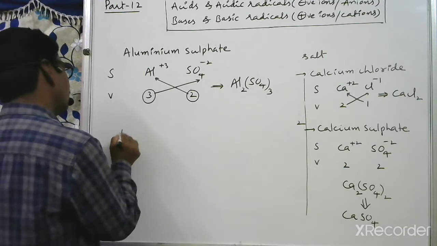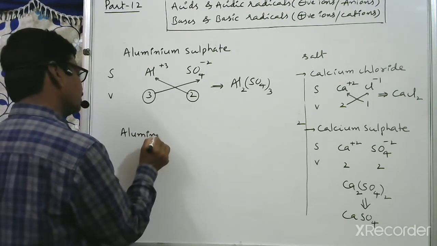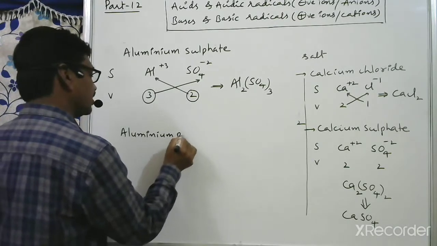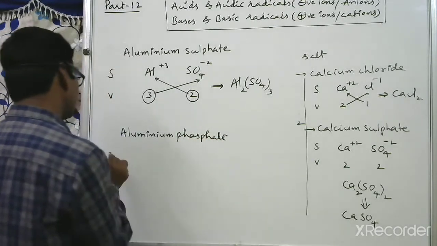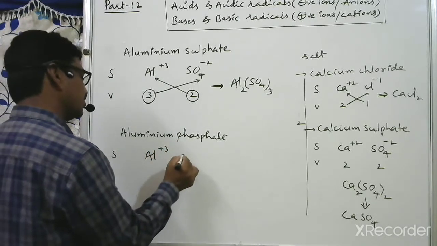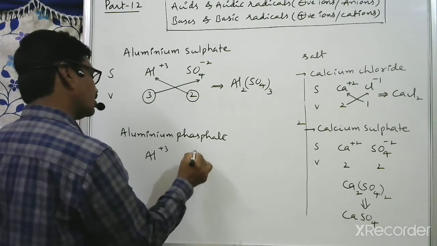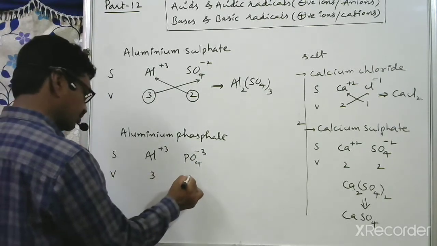Similarly, aluminum phosphate I am taking. Symbol for aluminum Al plus 3, phosphate PO4 minus 3. Valency for this is 3, and for this also 3.